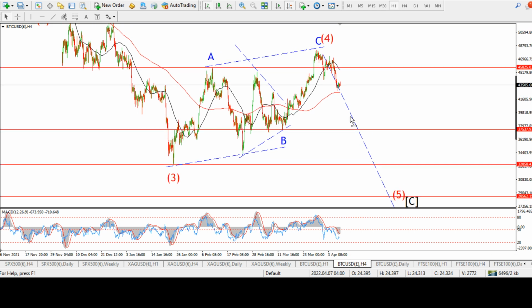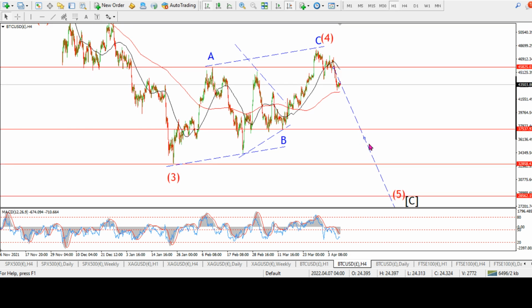On Bitcoin, I've been touting this ABC pattern up in a possible fourth wave in Bitcoin. We have filled a nice trend channel, a nice 3-wave pattern higher, and again we have this initial spike lower out of that trend channel.